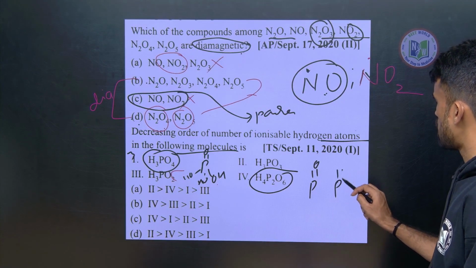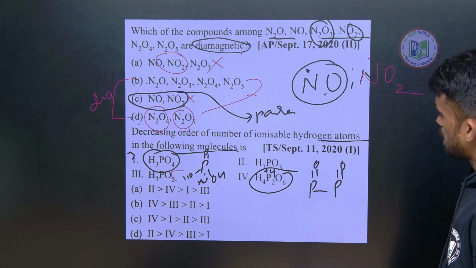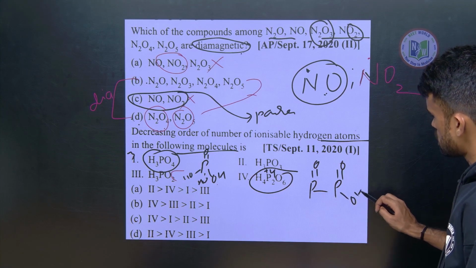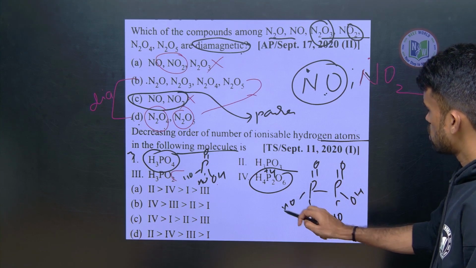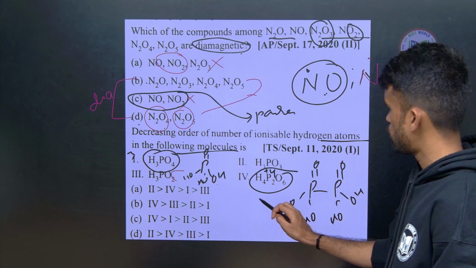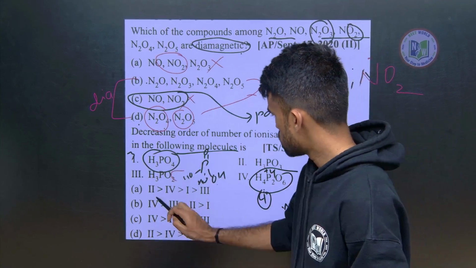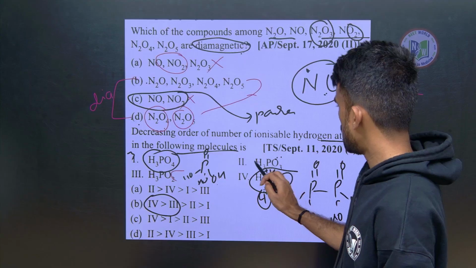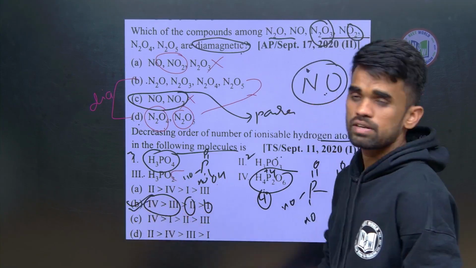If you calculate the oxidation state, you will get +4 for each phosphorus. So 4 ionizable hydrogens are there. So 4, 3, then here 2, here 1, so 4, 3, 2, 1. Yes, option B is correct for this question.